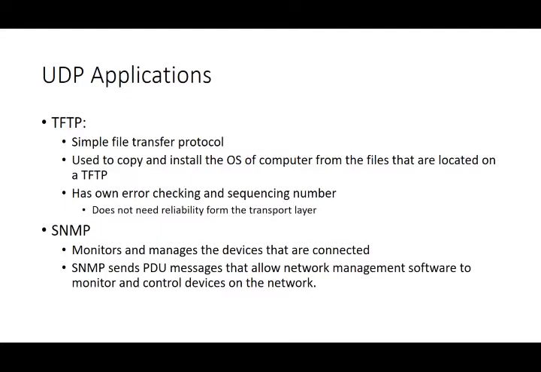We could copy an image to or off of the device to back it up, especially in switches and routers. TFTP as an application itself is not as bulky as the file transfer protocol, or FTP. FTP does authentication. TFTP doesn't. It does its own error checking and sequence numbering. It doesn't need the reliability of the transport layer, so UDP is a perfect fit for TFTP.